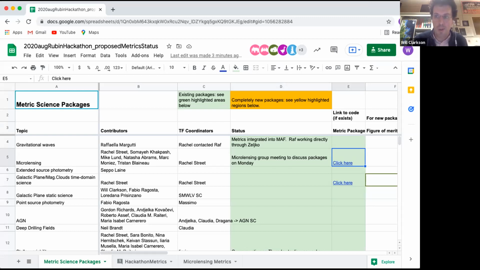If you have a link to your notebook or your code, it would be very helpful to the SIMS team if you could provide that in this column here as well. So in terms of what people do after the session who are working on metrics, if you have an existing metric you're working on, I recommend checking and populating the green areas in this metric science packages tab.